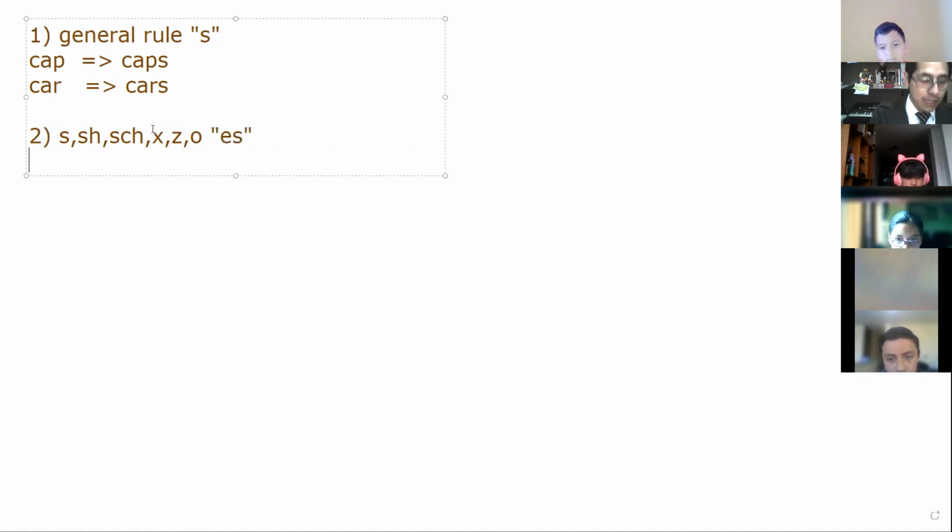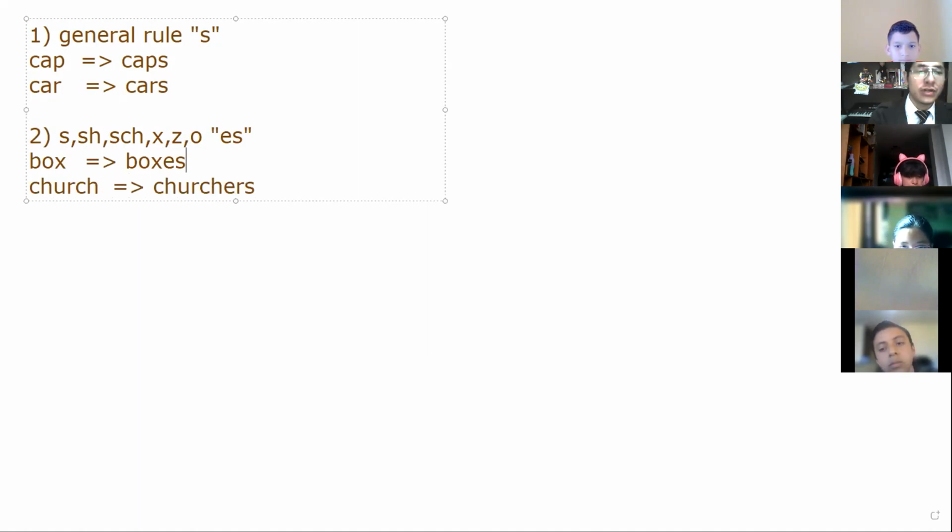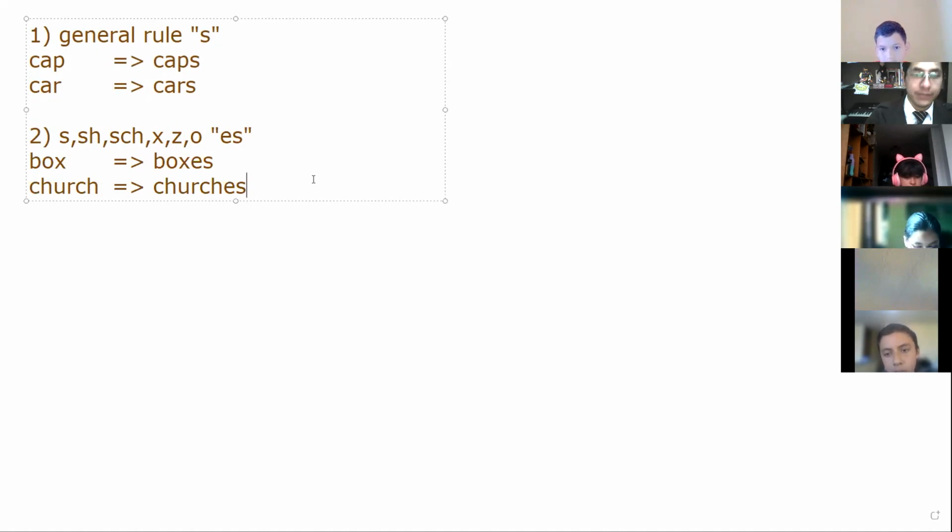For example, like box, you see? Boxes, like church, churches. You see? But you are adding these letters. You are adding. That's the main thing that you must remember.